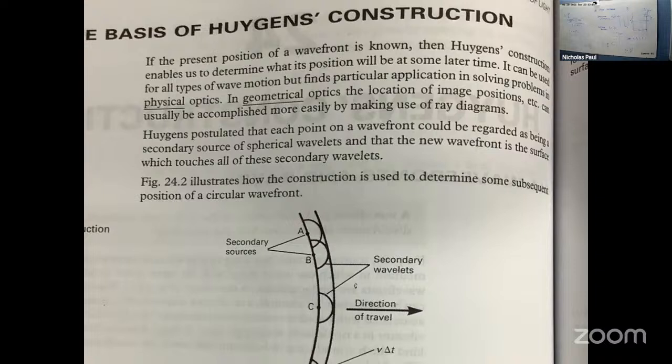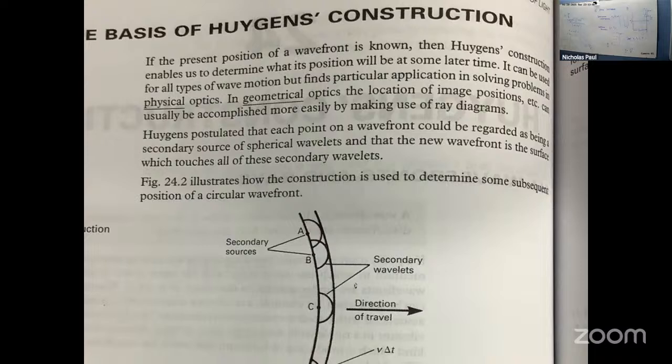If the present position of a wavefront is known, then Huygens's construction enables us to determine what its position will be at some later time. It can be used for all types of wave motion, but finds particular application in solving problems in physical optics.